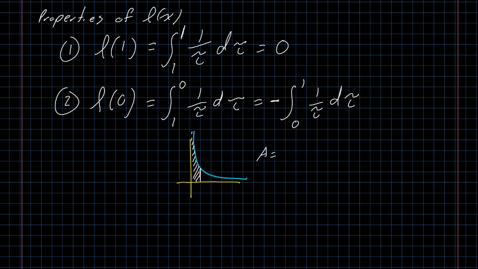And unfortunately, the area underneath an infinitely tall curve is going to tend to infinity as well. But we've got a negative up here. So I guess we can say that L of 0 is going to tend to negative infinity. Either way, it's a pretty good sign that there's going to be a vertical asymptote in the graph of L of x at the point when x is equal to 0.